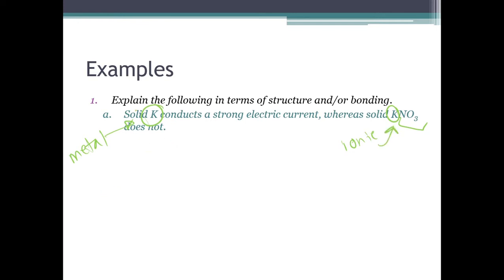So our solid metal has those special properties that all metals have, such as the ability to conduct an electric current. So your metal has a sea of electrons. K is a metal with a mobile sea of electrons. This allows for conduction of electricity and heat.